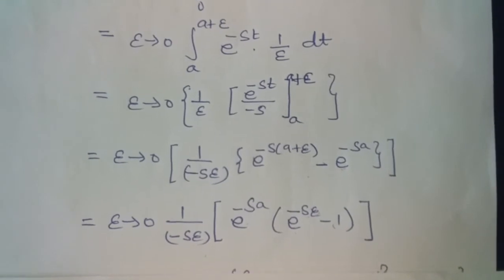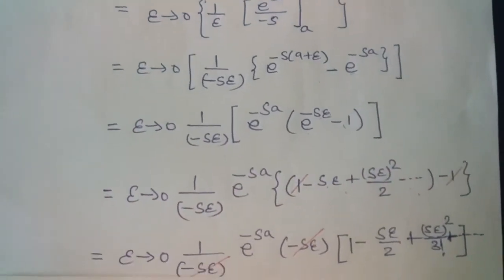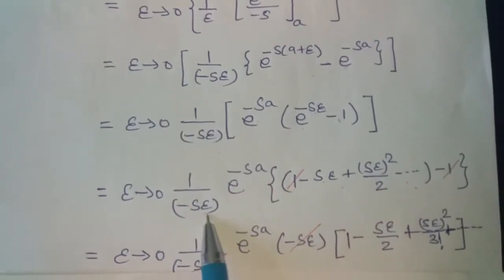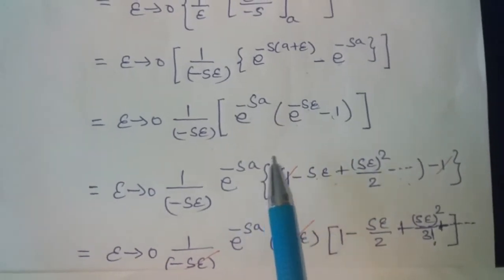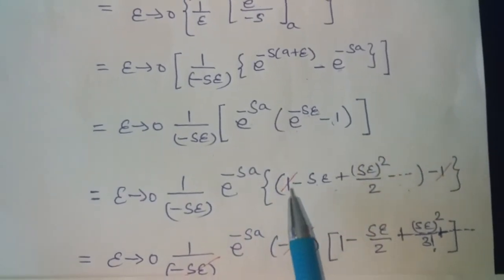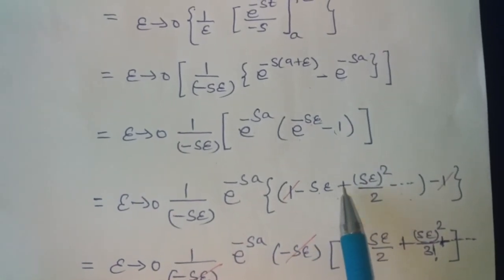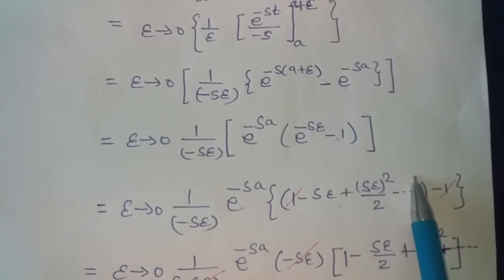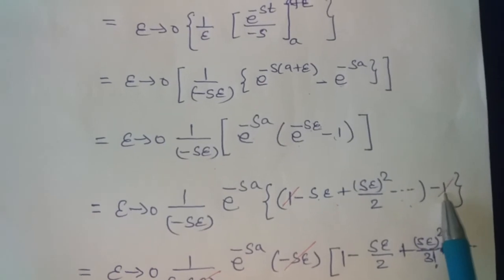So using the expansion of e raised to minus x, we get the limit as epsilon tends to 0 of 1 upon minus s epsilon as it is, e raised to minus sa as a multiple. The expansion of this gives 1 minus s epsilon plus (s epsilon) whole square by 2 factorial minus (s epsilon) whole cube by 3 factorial and so on, and this is minus 1.